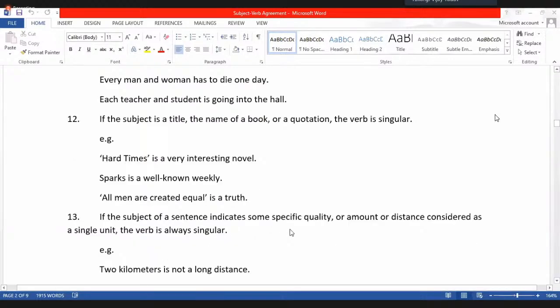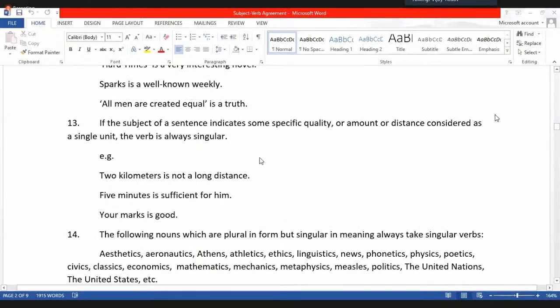Then number 13, if the subject refers to quality, amount, or distance, then we use a singular verb. Quality, amount, distance given in the subject. See, 2 kilometers is the distance. The 2 kilometers is not a long distance.